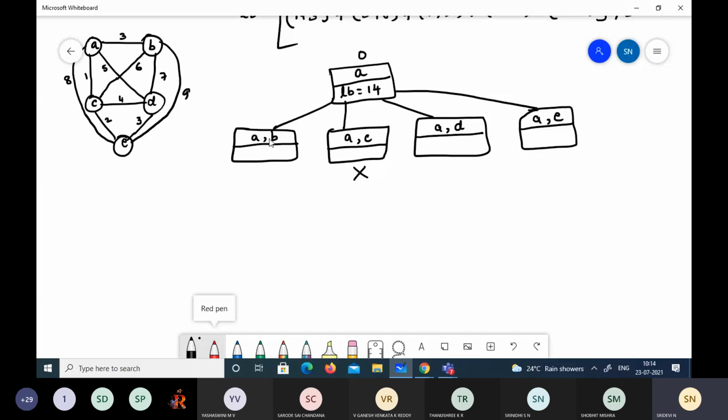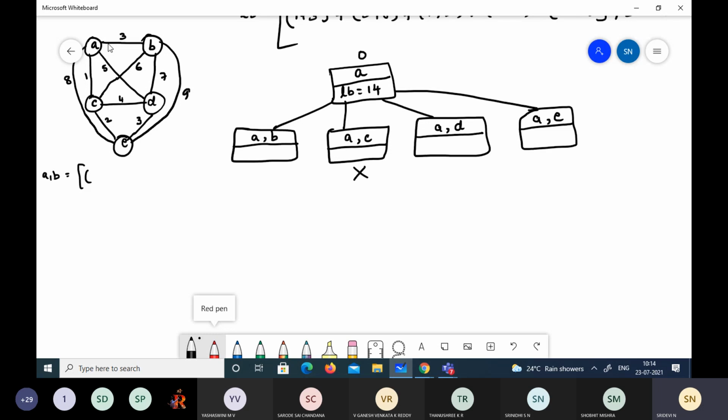Let's calculate the lower bound for A, B. So the lower bound for this will be, let's consider, we have to reach B. So we have to take this.